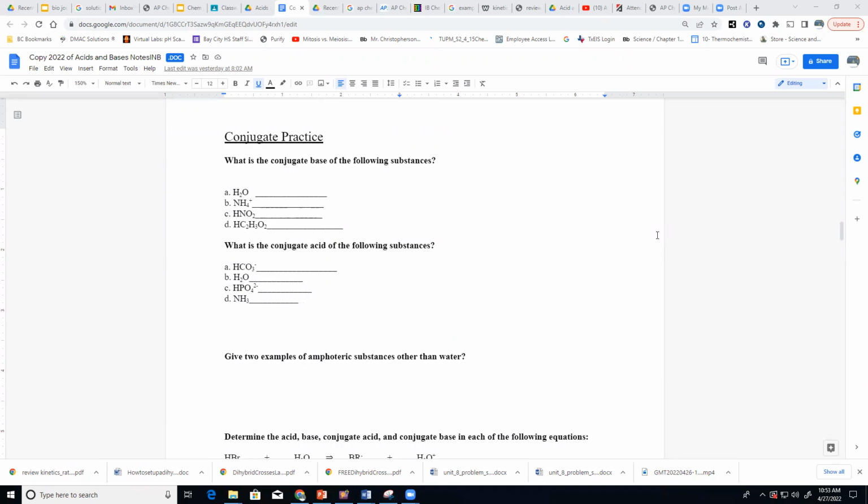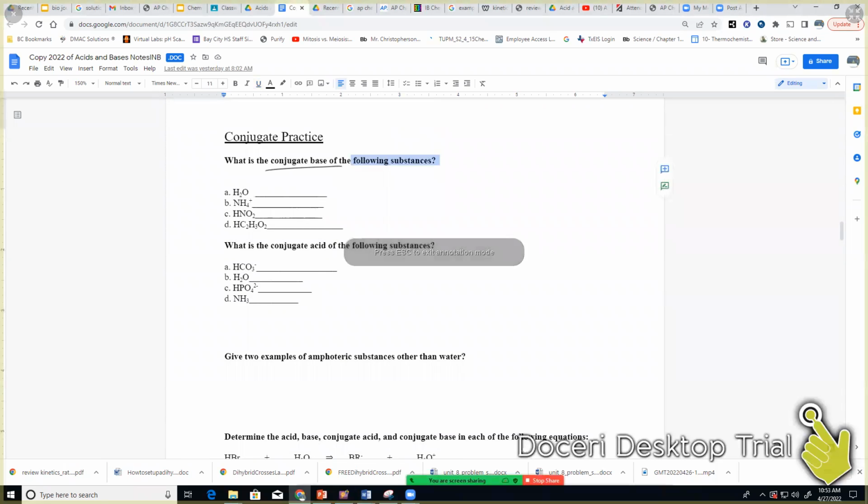All right, so now we're given some compounds, some ions, and we want to know what their conjugate base is. So that means if I'm going to have a conjugate base, then eventually I have to say these are all acids. And they're going to give away a hydrogen to get from the acid to the conjugate base.